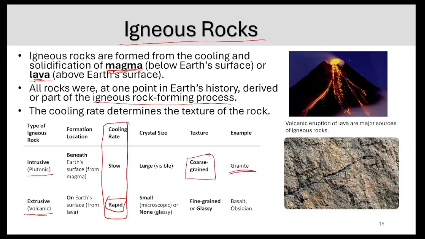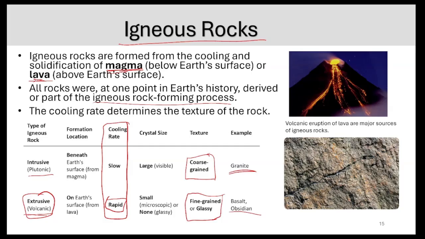This quick cooling prevents large crystals from forming, so the crystal structures are generally fine grained or glassy, with a glassy luster as well as a glassy texture. Examples of this kind of igneous rock are basalt and obsidian.